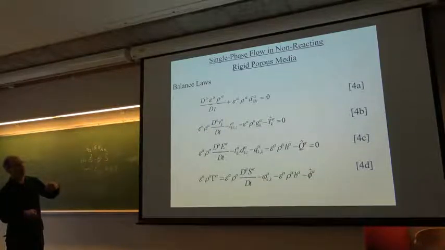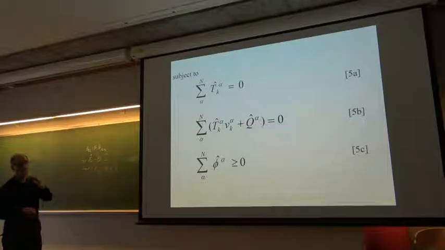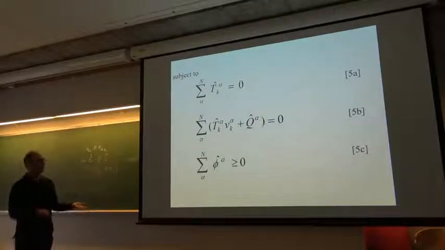There's also an exchange of energy between the phases at the boundary, and exchange of entropy. The sum of the exchange of momentums must be 0. The sum of the exchange of energies must be 0 between the two phases. But the sum of exchange of entropy between the two phases doesn't have to be 0. It should be non-negative.